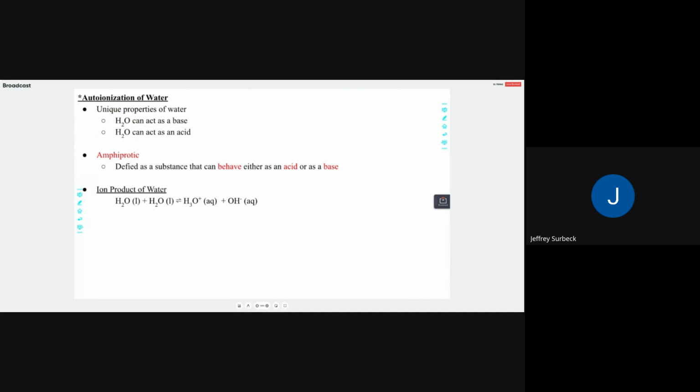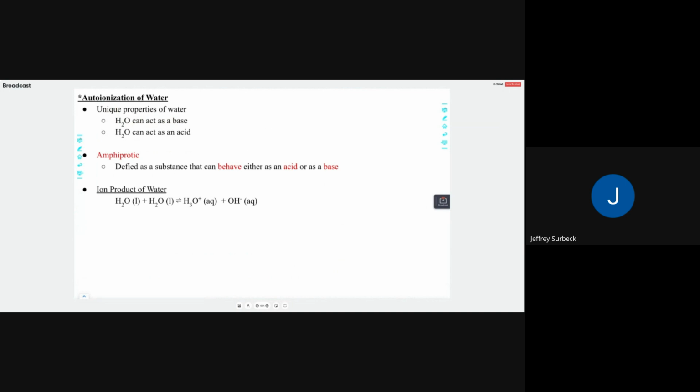Now, if we take a look here, and you don't often think about this, we have H2O as a liquid reacting with H2O as a liquid, and we get, it's weak, 1, we get H3O plus and hydroxide, OH minus. Because it's weak, we can go ahead and write an equilibrium expression. All right, we're dealing with water, so I'll use blue here.